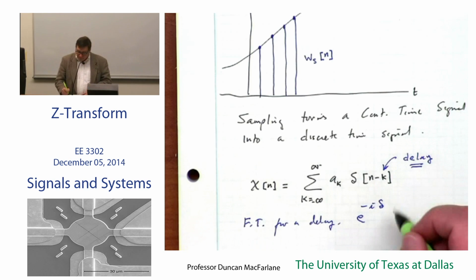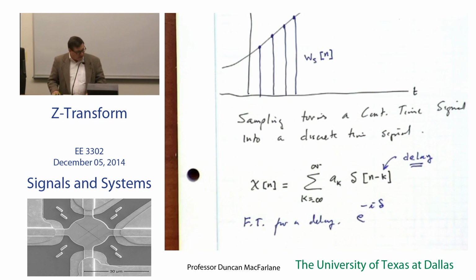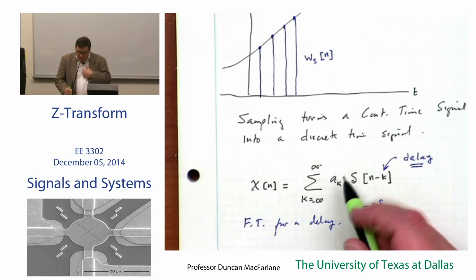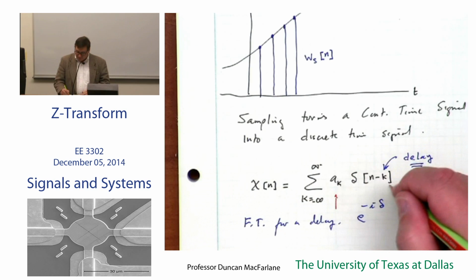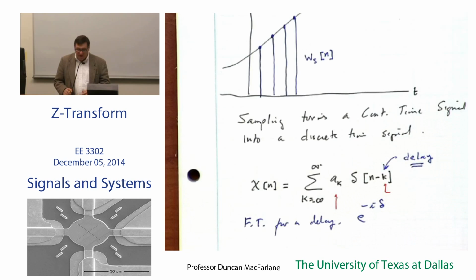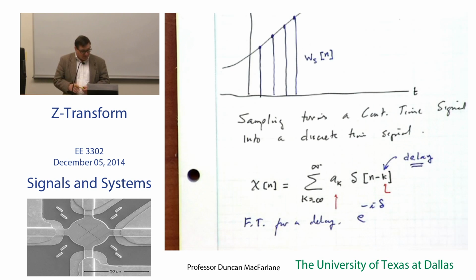So importantly, when I want to represent this in a transformed space or in a frequency space, the two pieces of information to keep track of are the weight, the coefficient, and the shift, when that delta function comes. Those are the two pieces of information, term by term, that we have to consider.